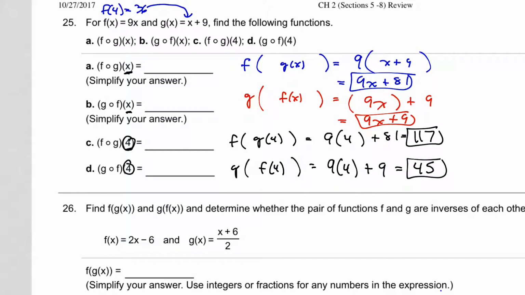So that would be 45. Or we would put the 4 over here to start off with, and that would give us 13, and then the 13 we put into this one here. So 13 times 9 is 117.